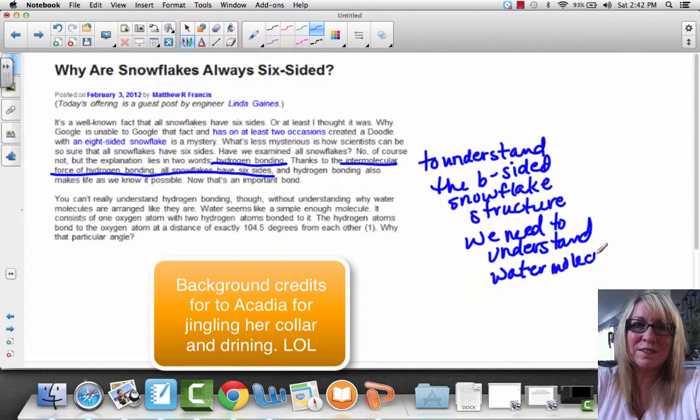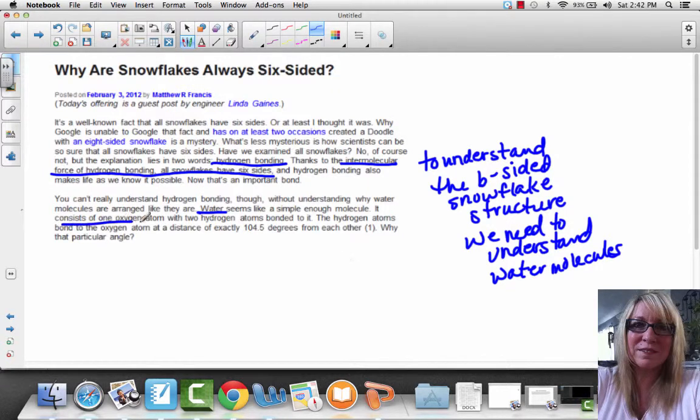So that's important. So here it says water consists of 1 oxygen and 2 hydrogen. The hydrogen atoms bond to the oxygen atom at a distance of exactly 104.5 degrees. Well, that could be important.